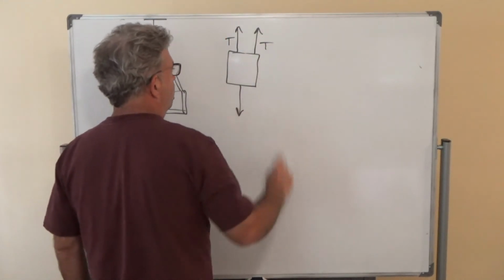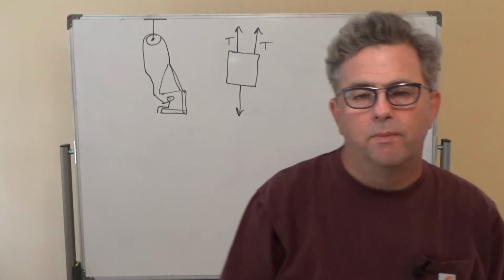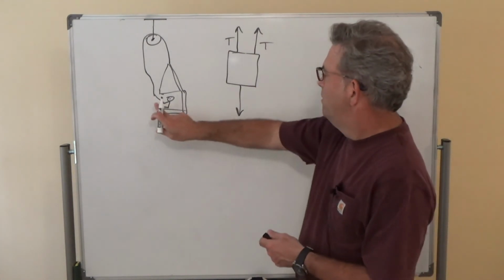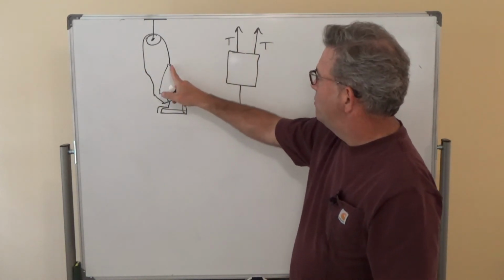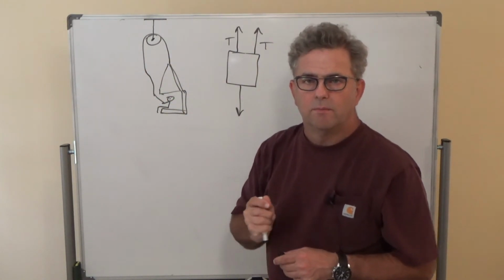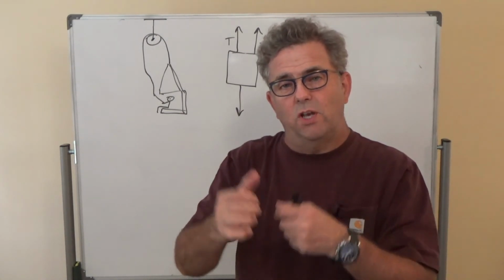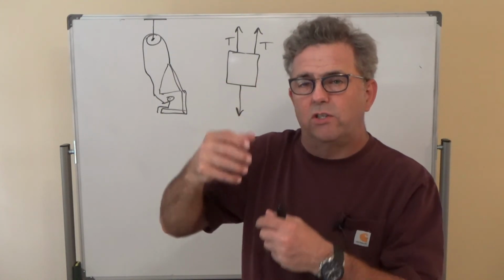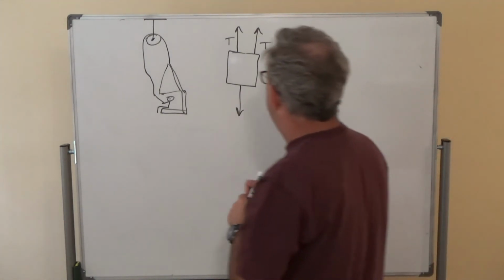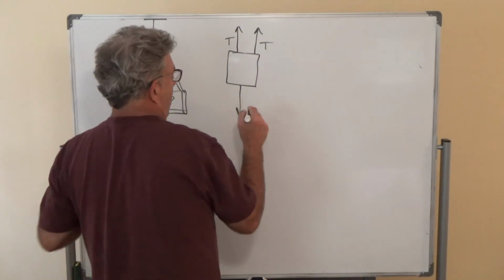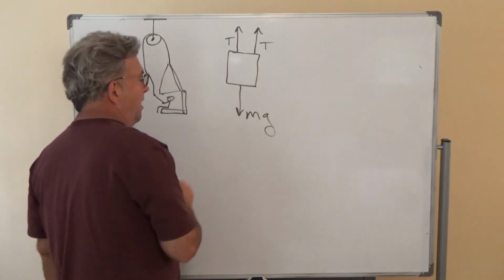And these two upward forces are the tensions, or the tension in the rope. Because you're pulling it, that's one upward force, and it's also pulling on the chair. So this actually ends up being a way that you can lift yourself up easier than just pulling up with one rope. Okay? This obviously is mg. This is the mass of the whole thing. All right?